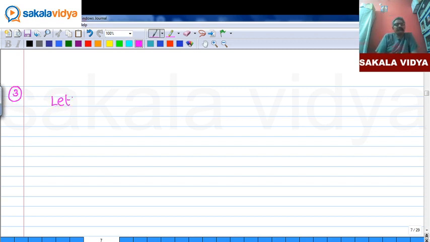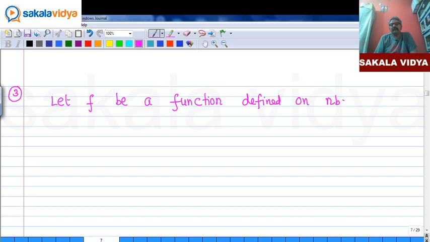Let f be a function defined on a neighborhood of a real number a.